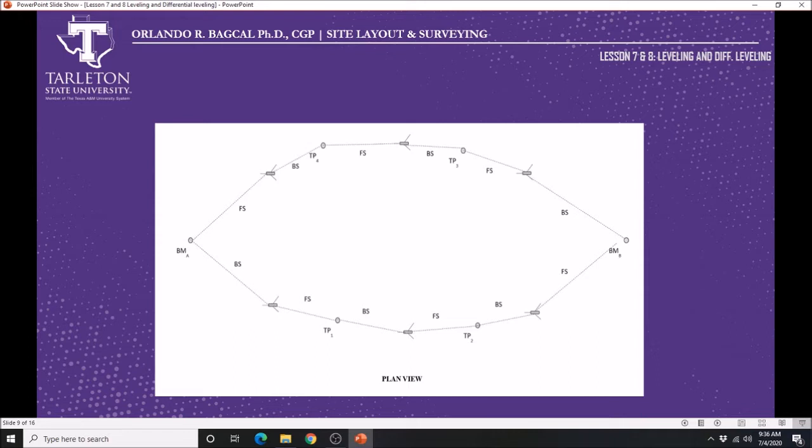So if I were you, draw the diagram first so that you'll be able to see where you add, and indicate the reading as you move forward and then backward. Backsight, foresight, backsight, foresight, it will be much easier for you to identify, and it won't confuse you later on as you go back to your office.